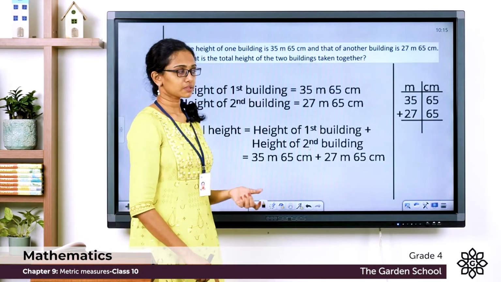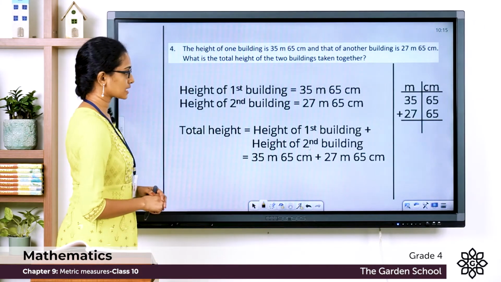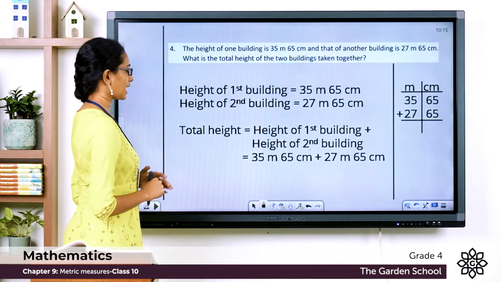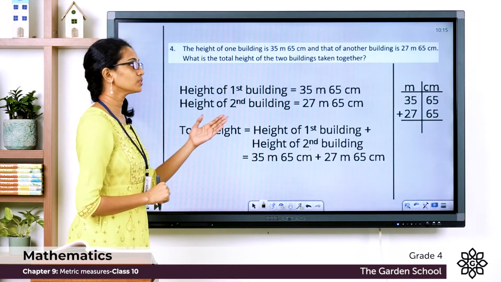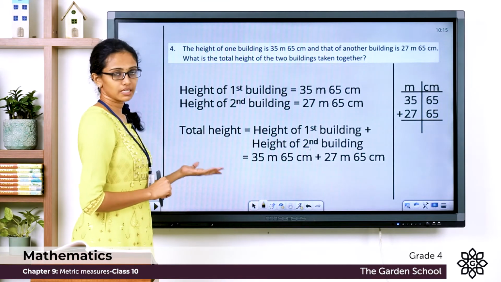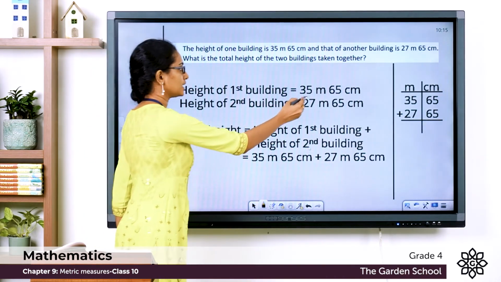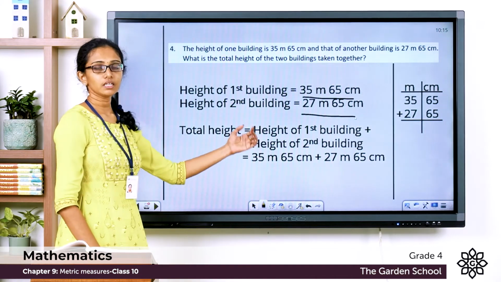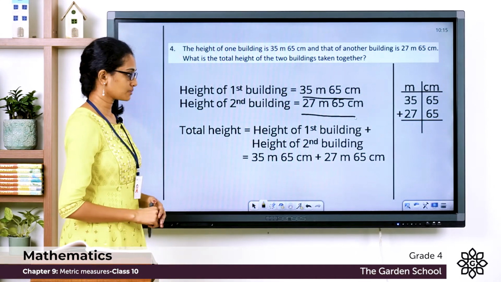So let's write the steps first. The height of the first building is equal to 35 meter 65 centimeter, and the height of the second building is equal to 27 meter 65 centimeter. So the total height will be equal to height of the first building plus height of the second building. Now here we have the proper measurements substituted.